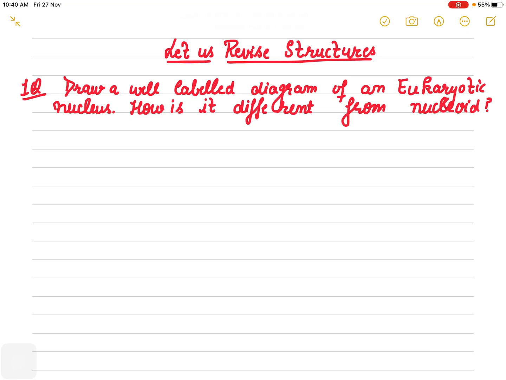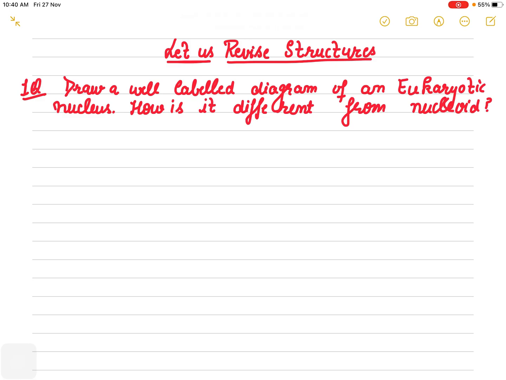But I am trying to make it very simple for you, right? So in this special lecture, I am trying to make every diagram from this chapter simpler for you so that you can easily draw them in your exam, right?